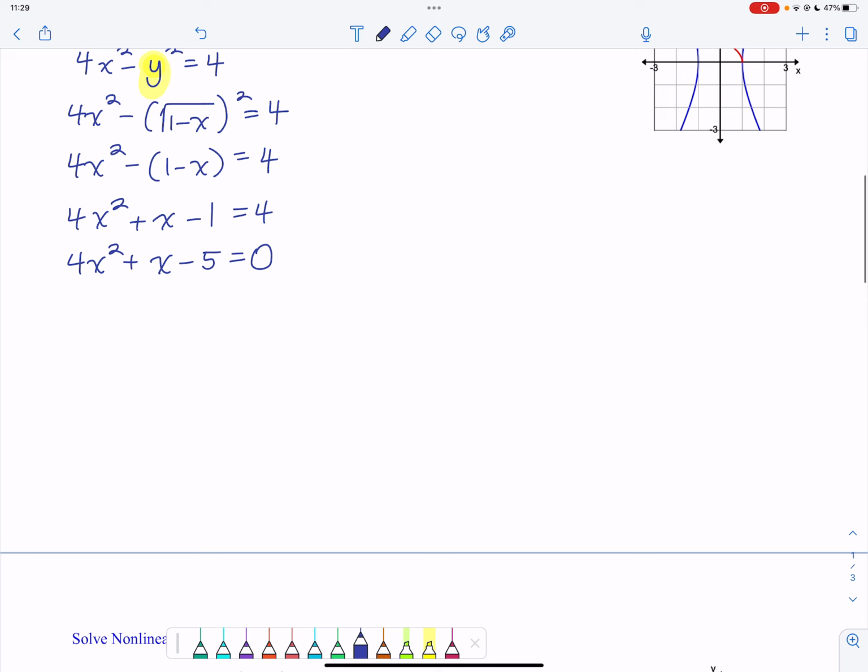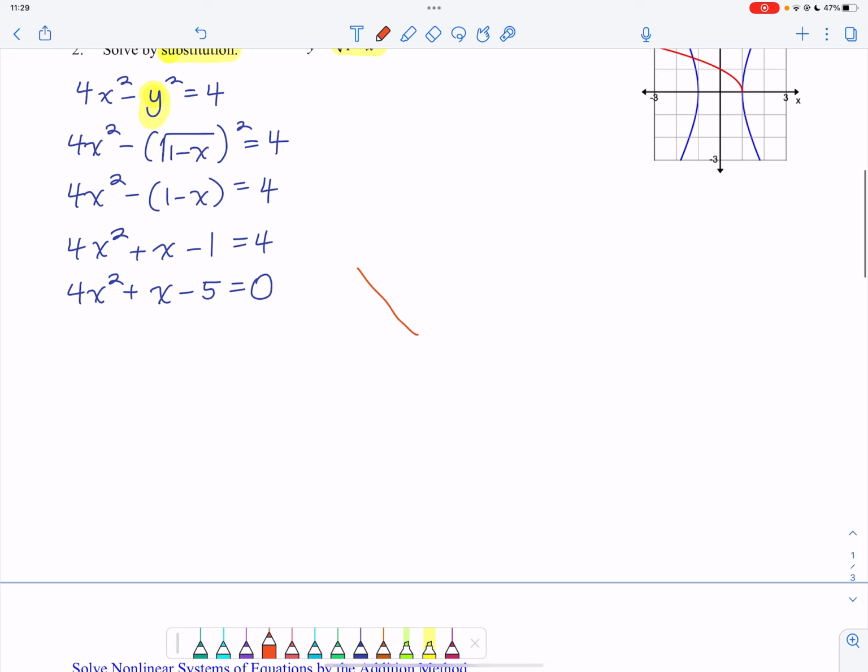Okay, so we need to factor this. And I don't know if you have a certain way that you factor. I can go ahead and show you here. I put that 4 here. So two numbers that multiply to equal negative 20, 4 times the negative 5, and two numbers that add up to equal 1.